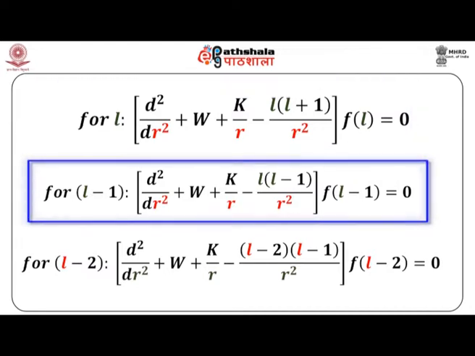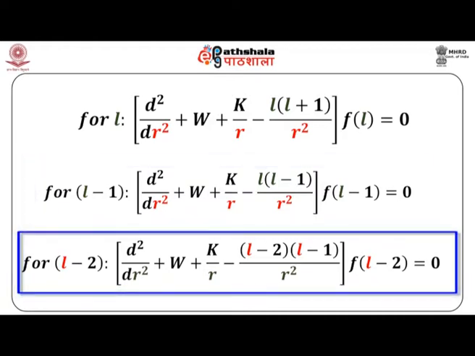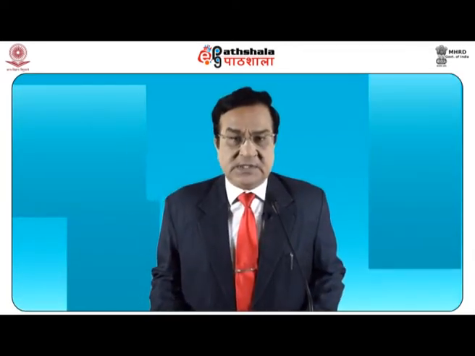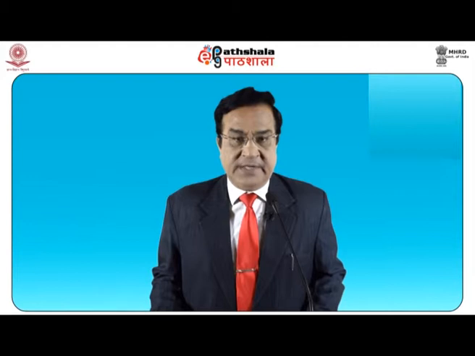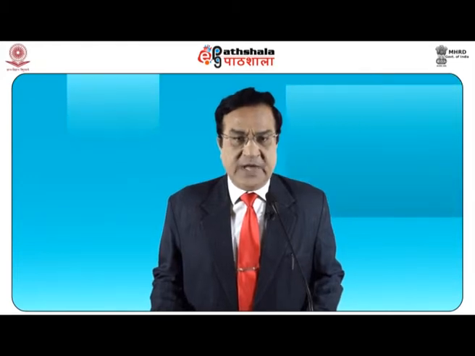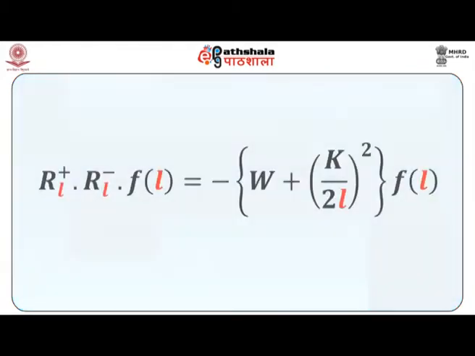Similarly, if L is L minus 1, the equation gets modified, and if it is L minus 2, the equation has a different form. So this point we have to keep in mind. And now once we have got this equation, RL plus RL minus Fl is equal to minus W plus (K/2L) whole square, in parentheses, and then we have Fl.